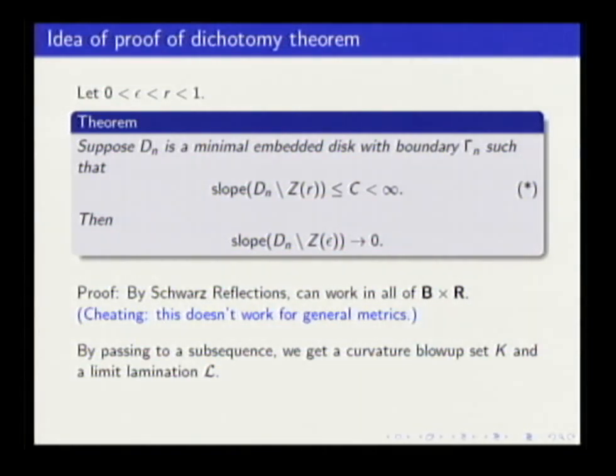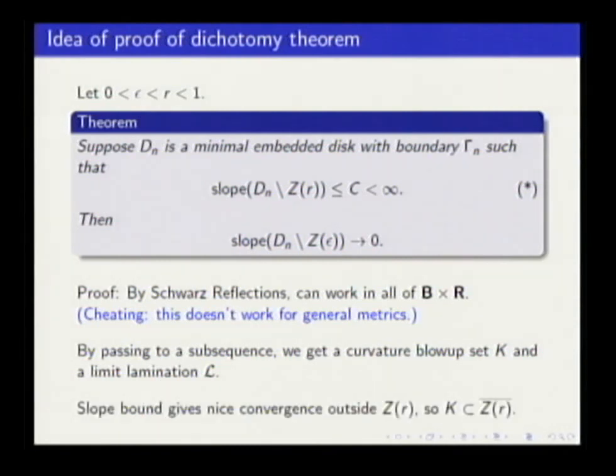So consequently, the slope bound gives very nice convergence near the boundary. So we know it's converging nicely to something like this. We get very nice convergence out near the boundary of the cylinder, and we don't know so much in between.